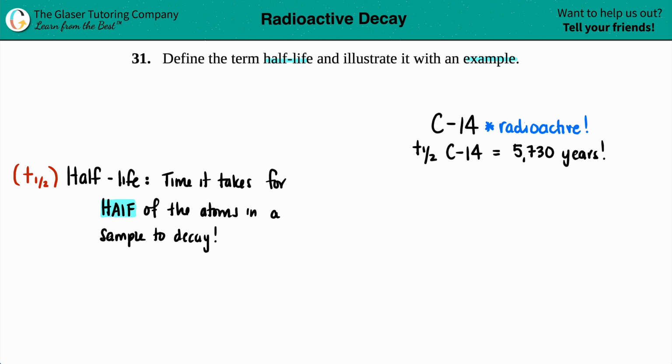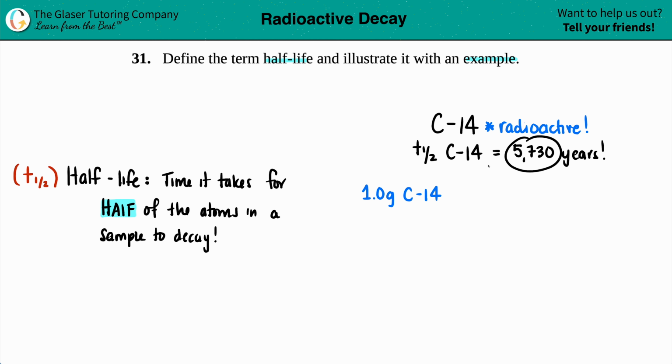So let's say we have 1 gram of carbon-14. How long is it going to take to get down to half the amount?